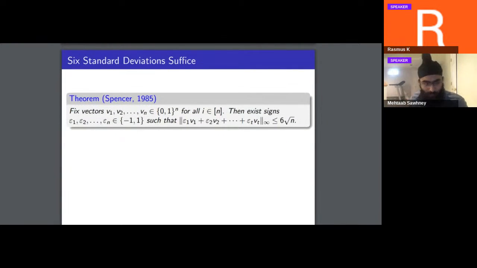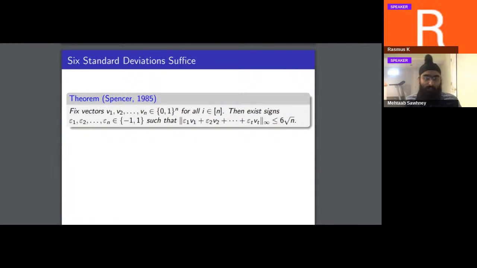So the first classical result in discrepancy theory that I personally love is a very famous result of Spencer called six standard deviations suffice. I'm going to phrase this in terms of vector balancing instead of the more familiar set formulation it's usually presented in. You fix vectors v1 through vn on the Boolean cube, {0,1}^n, so you fix n such vectors.